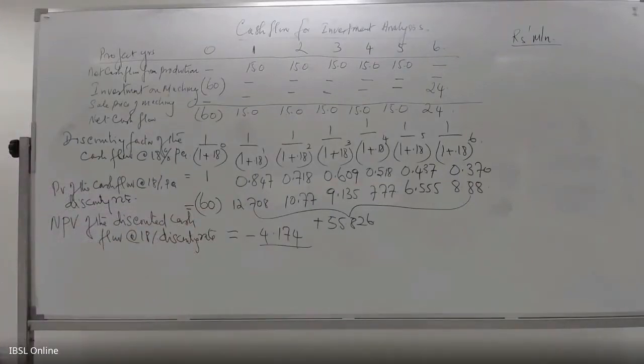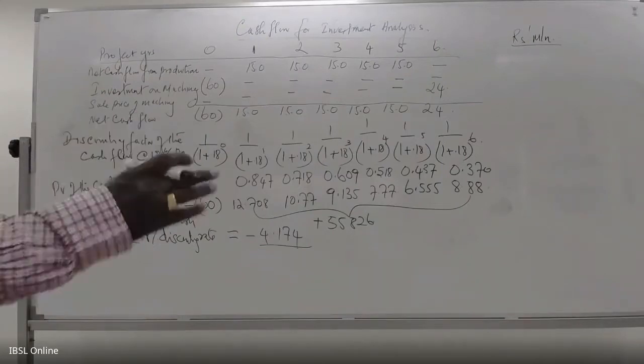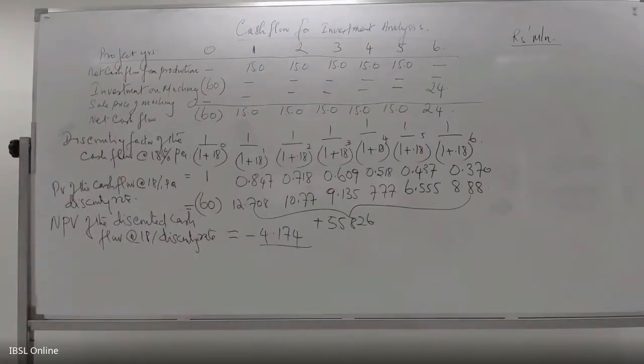Okay, now it is like this. We get the net present value NPV of minus 4.174 at 18% interest rate. The company's financial analyst did the calculation and said it is not worthy at this interest rate. So they are negotiating with the bank to reduce the interest rate.